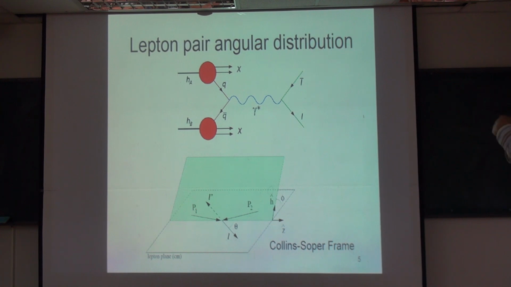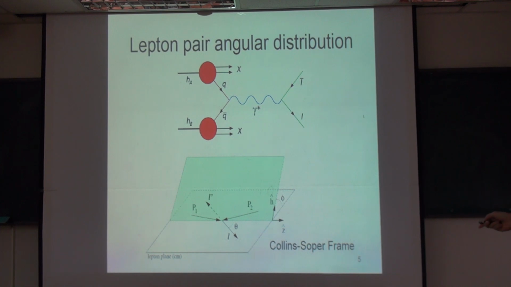Also, because the transverse momentum can have an arbitrary angle phi, it can be produced this way or the other way. So phi is arbitrary. Then we can draw this green plane to contain the beam momenta, P1 and P2, and these two planes are separated by this arbitrary angle phi.